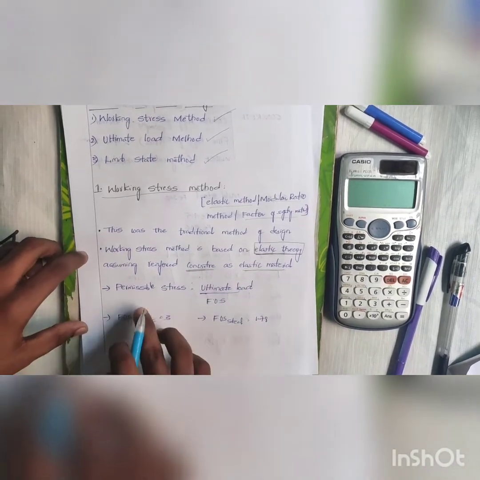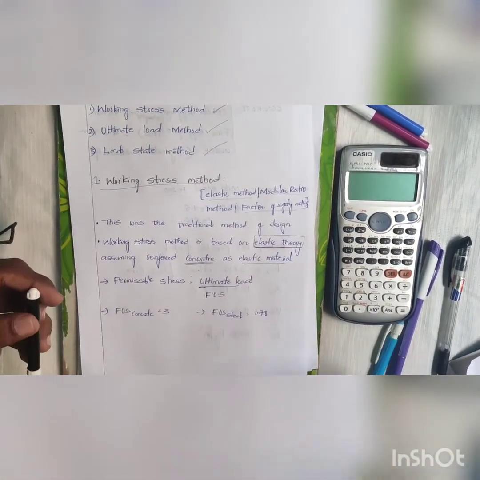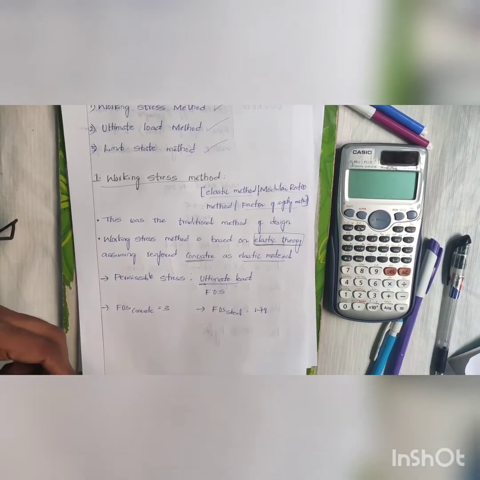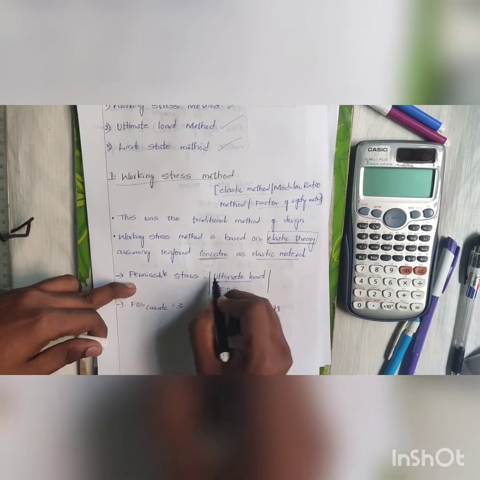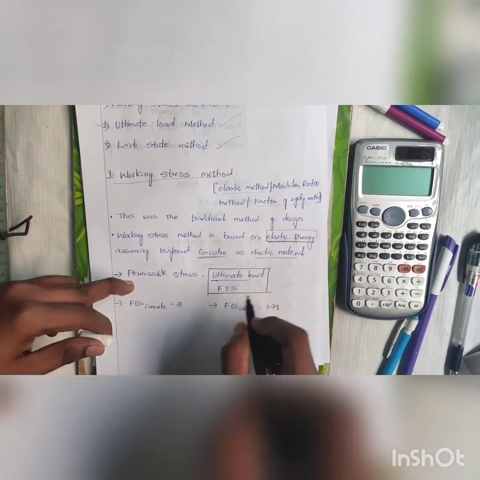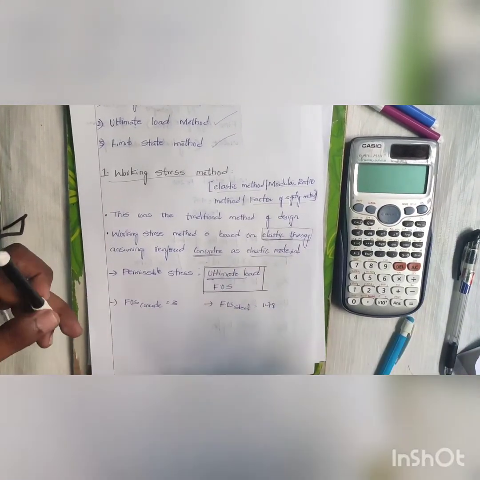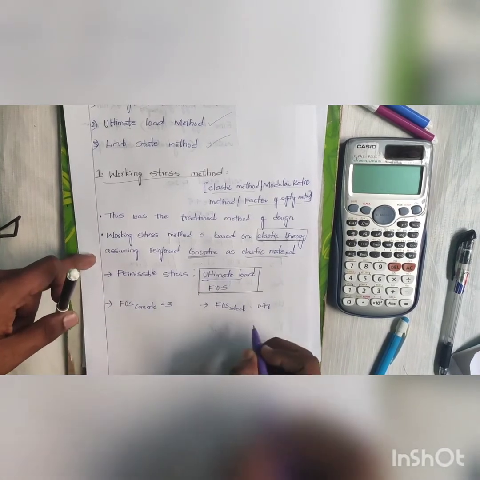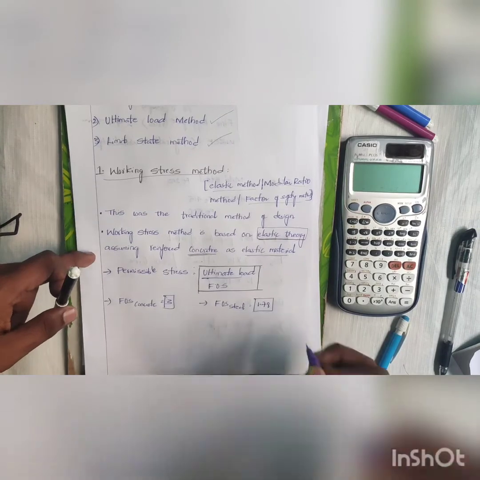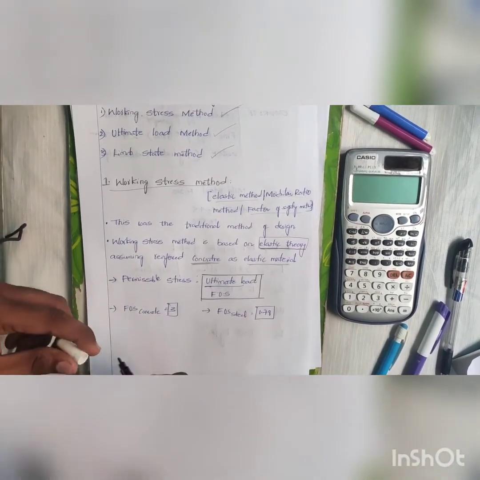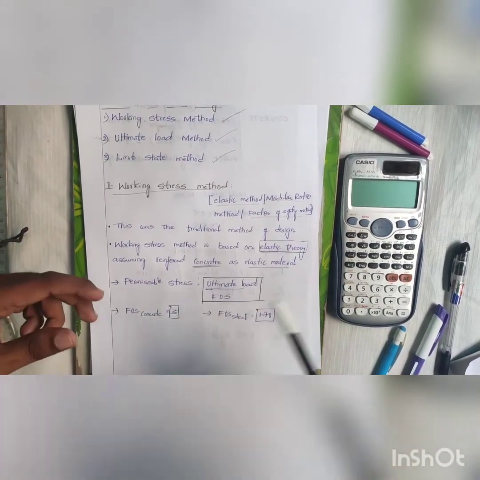And permissible stress value is ultimate load divided by factor of safety. The factor of safety for concrete is 3, and for steel is 1.78. These values are given in IS 456-2000.